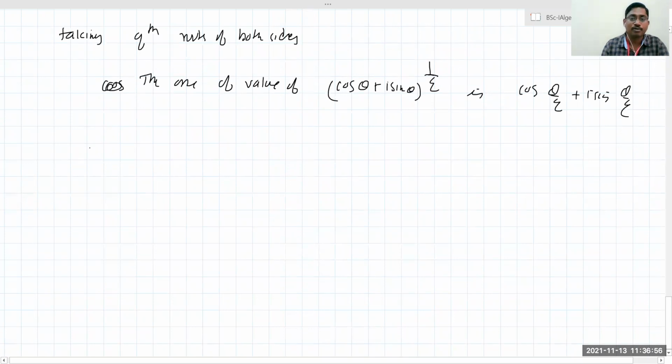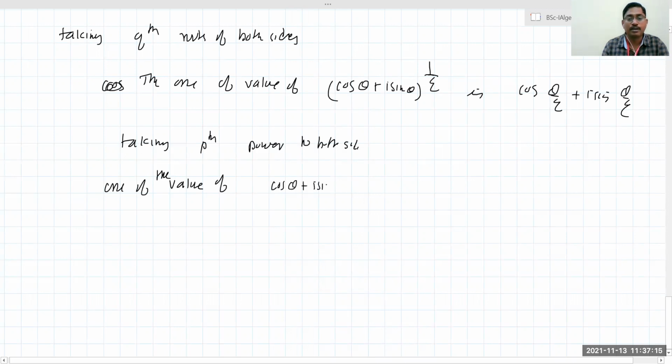Now taking the pth power to both sides. Then one of the values of cos theta plus i sin theta raised to 1 upon q, raised to p, that is p by q, is cos theta by q plus i sin theta by q, where this p is any integer, positive or negative.